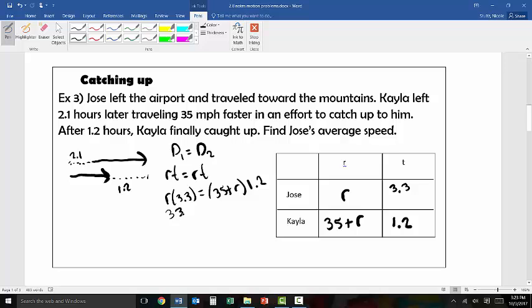So we are going to start by multiplying and distributing. So you will get 42 plus 1.2R. And we're going to subtract 1.2R.